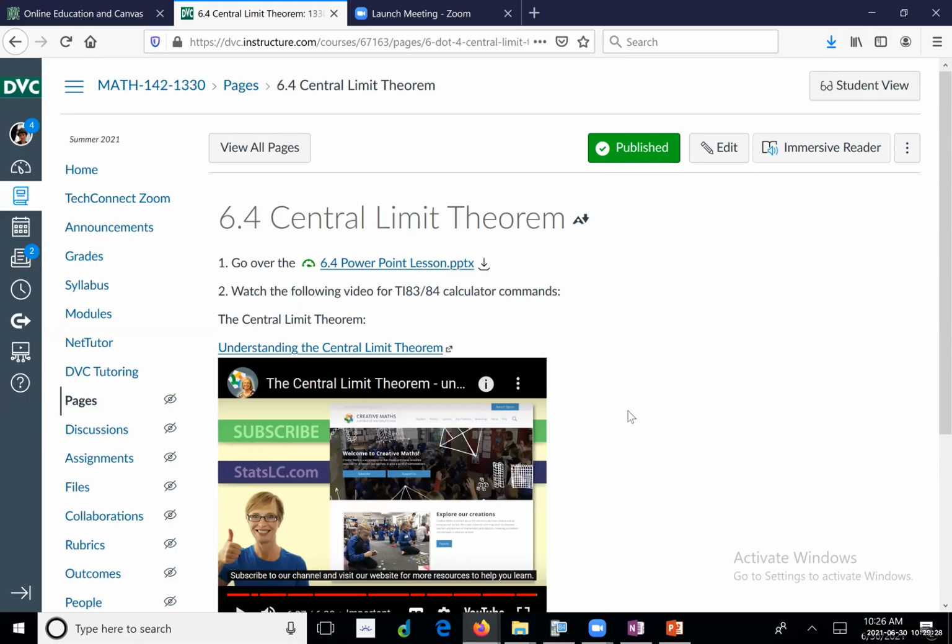But even with 20, you go like 20, 30, 40, 50 of these samples of 20, you get the average of all these ages. The average of these 20 people, average of these 20 people, average of these 20 people. The average of averages will be the DVC students' average age.